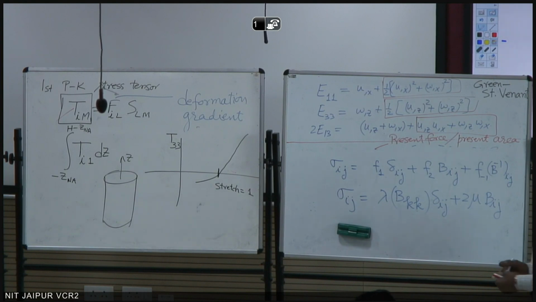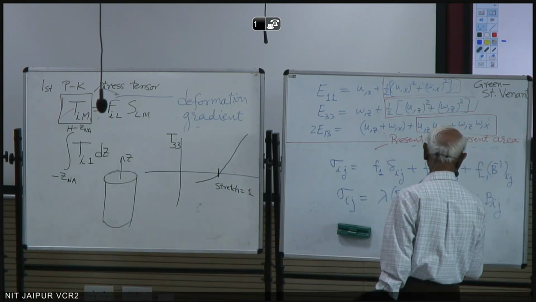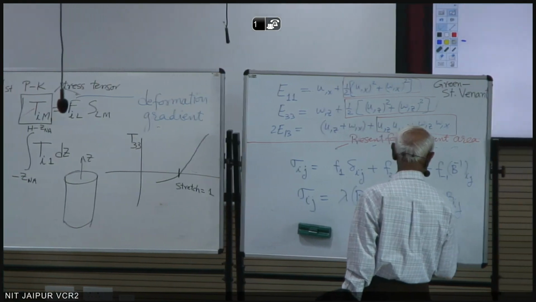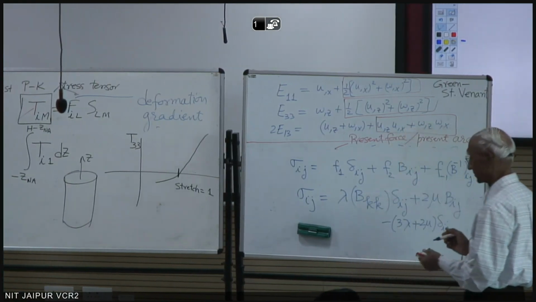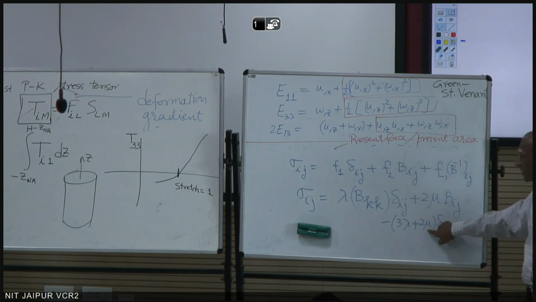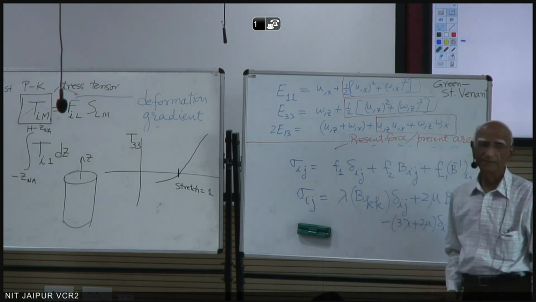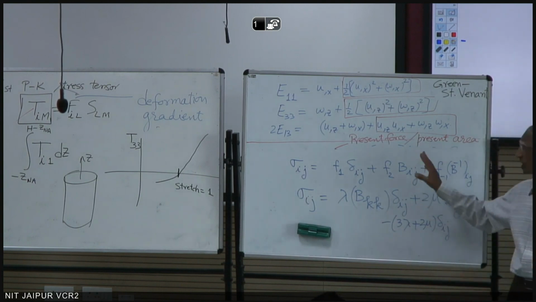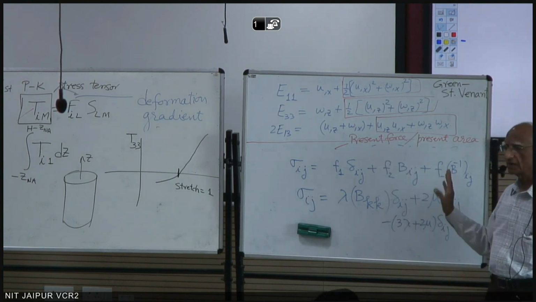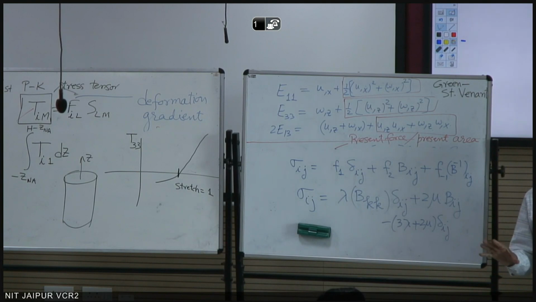So if you want zero stress in the undeformed state, we have to subtract lambda plus 2 mu delta ij. Then you get zero stress in the undeformed state, because in the undeformed state, B is identity. So this term will cancel with that one. bkk is 3, so that one will cancel with this. But the one we wrote, like this one, also does not give you zero stress in the undeformed state unless f1 plus f2 plus f minus 1 is 0.